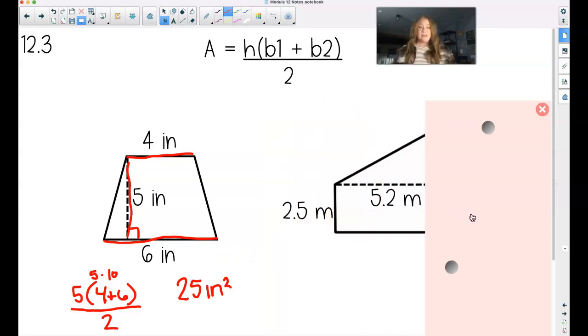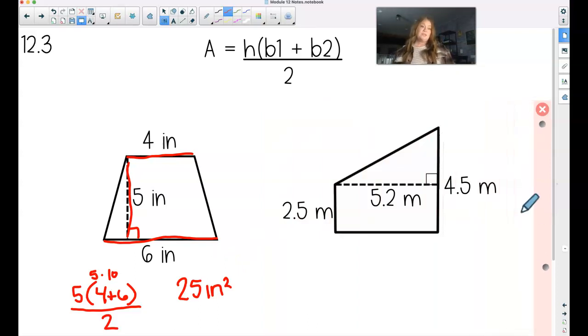So let's try another one here. So we can see, right, this one is tipped on its side. So we need to find the bases. The bases are what are parallel. So I can see the bases are here, and it really doesn't matter what I say is base 1 and what is base 2 because of that commutative property. I can switch those. So I need to add 2.5 plus 4.5 as my bases.